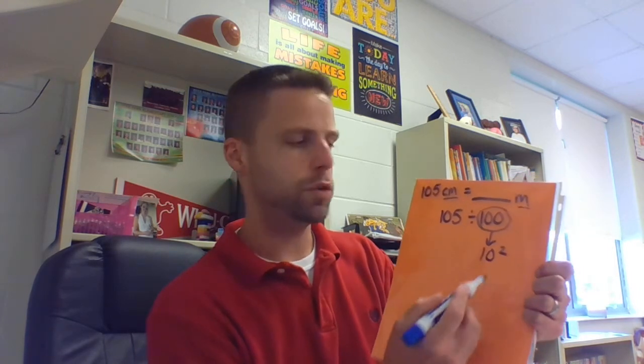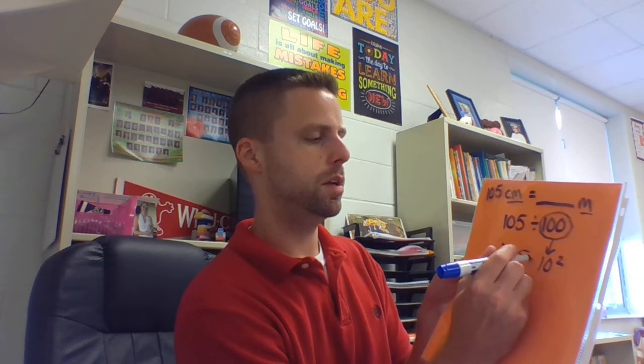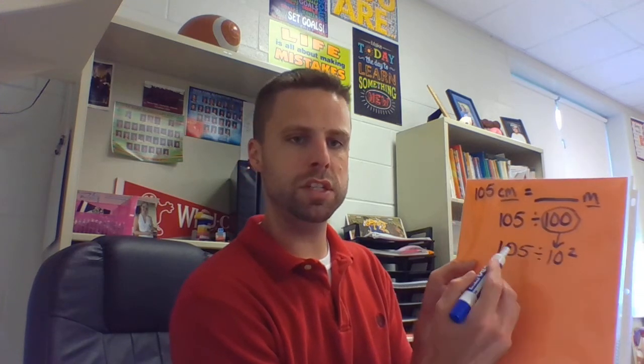So I'm going to change that 100 to exponential form, 10 to the power of 2. Again, 2 zeros, which means 2 tens multiplied together make up 100. So the equation I'm going to write down is 105 divided by 10 to the power of 2. This is what it wants out here to the side.